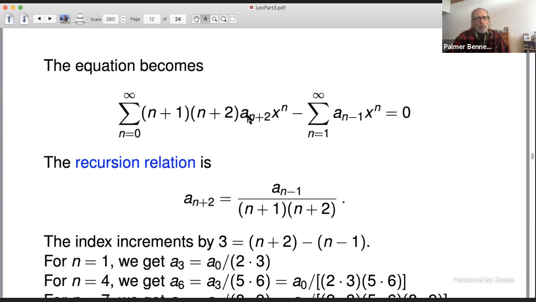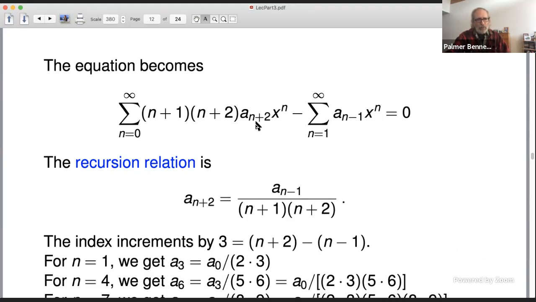So we get (m plus 1)(m plus 2) a_(m plus 2) minus a_(m minus 1) is equal to 0. And we just solve that for a_(m plus 2). So just take the coefficient here minus the coefficient here, a_(m minus 1) is equal to 0. And then just rearrange and solve for a_(m plus 2).